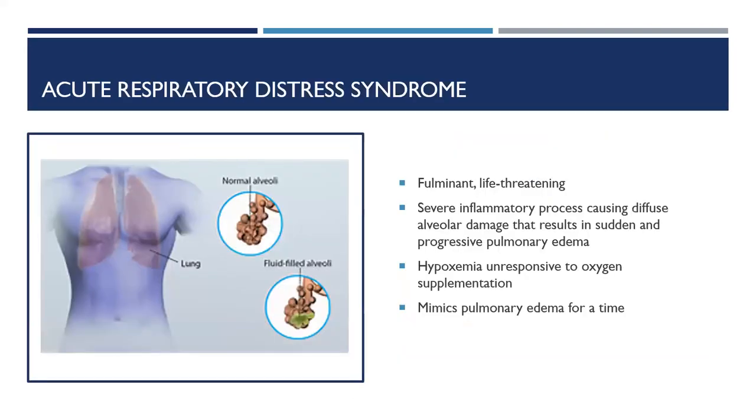Acute respiratory distress syndrome. This is an emergency. This is where your alveoli get filled with fluid, and it's caused by inflammation, causing alveolar damage. And with this, we are getting progressive pulmonary edema.